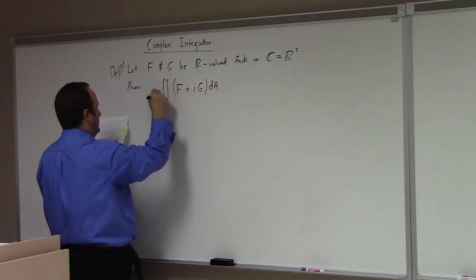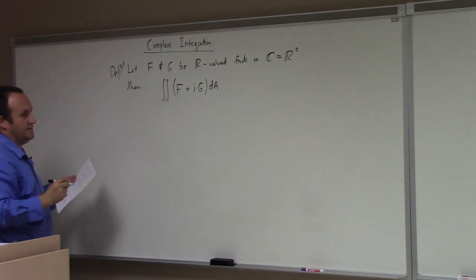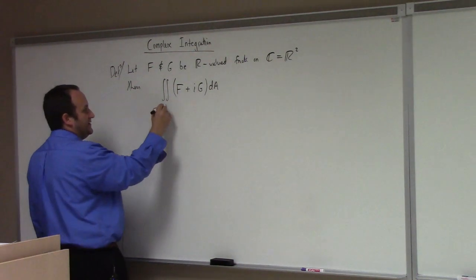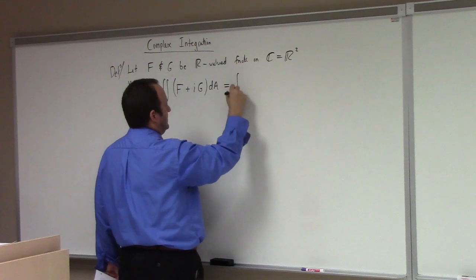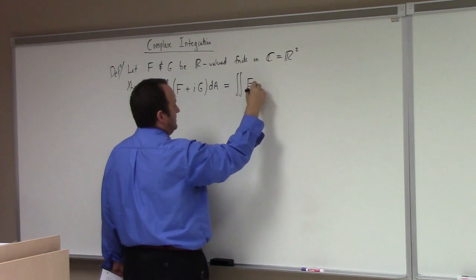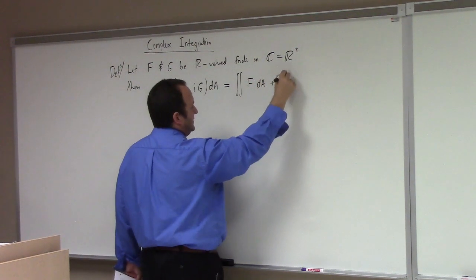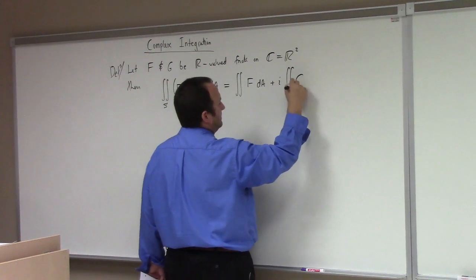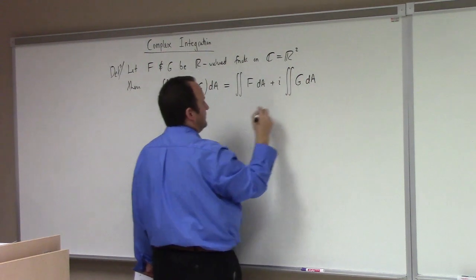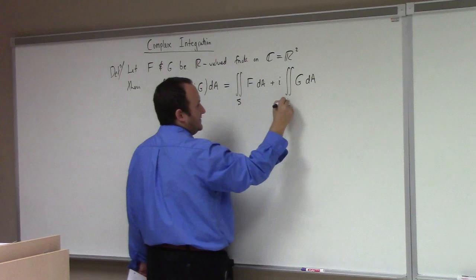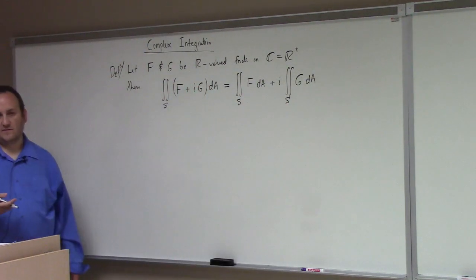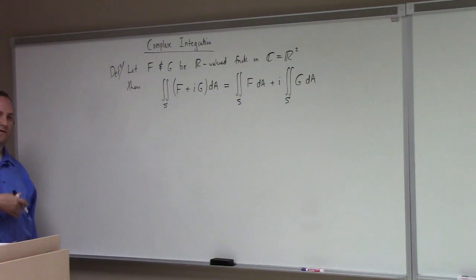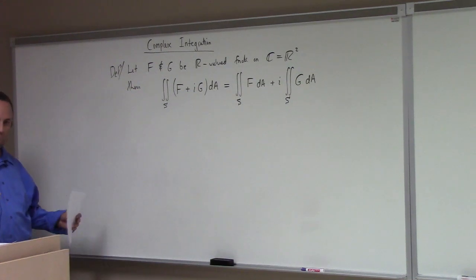And really a double integral, all right? So the double integral of a complex valued function over an area, we're just going to define that to be the integral of the real part plus i times the integral of the imaginary part, yeah? And so this basically just says that if you want to integrate a complex valued function over an area, integrate the real part, integrate the imaginary part, that's it. Right? It's a very, very natural definition.